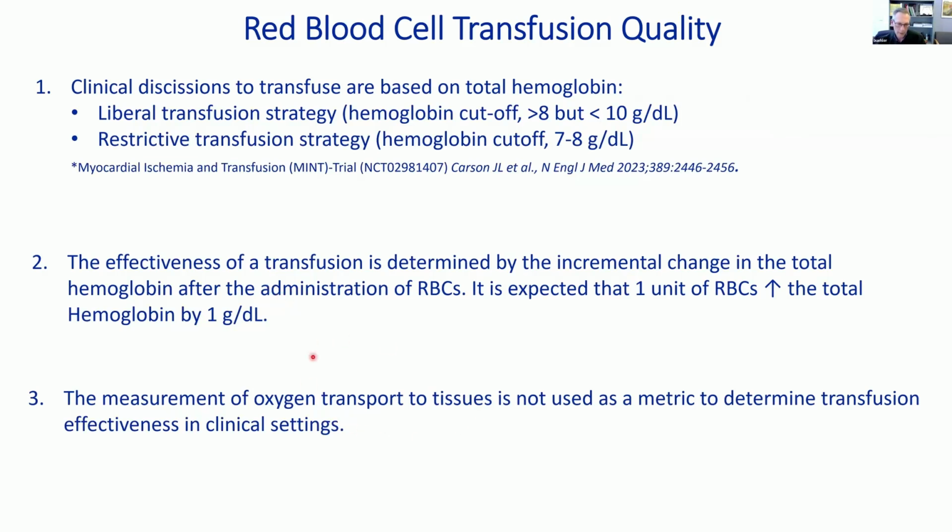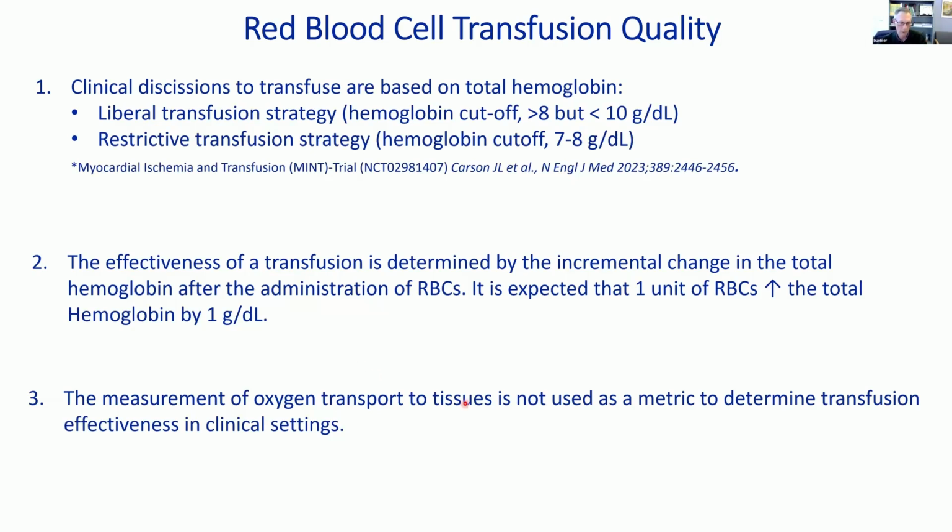What I think is absolutely amazing is that we never consider the issue of measuring oxygen in tissue, which is the main function of red cells in a transfusion setting. Their primary function, obviously, is to deliver oxygen, and that's what they're indicated for during transfusion.